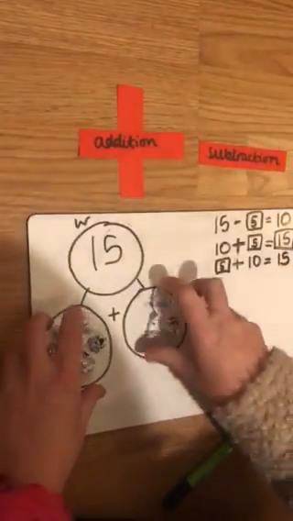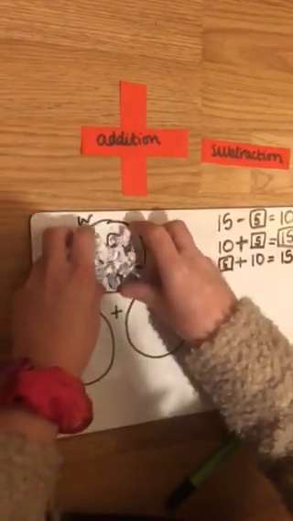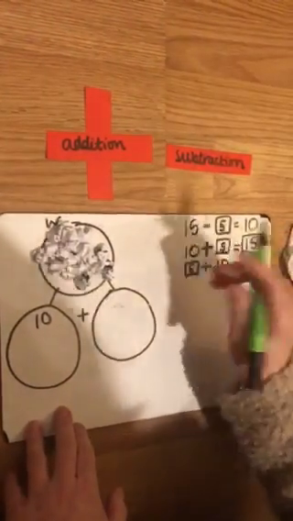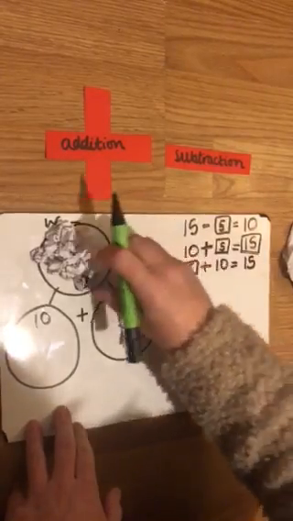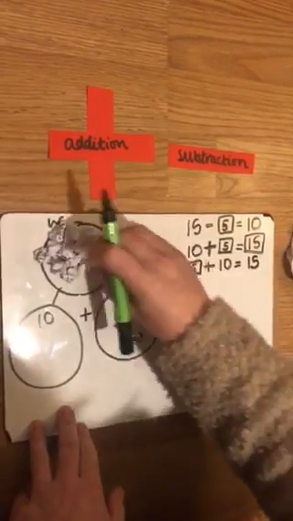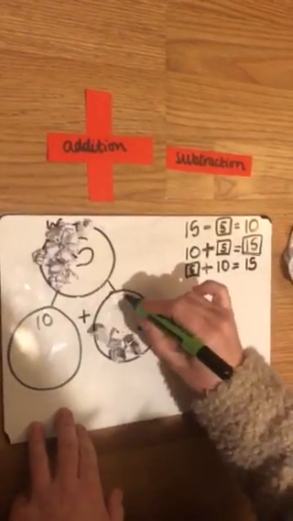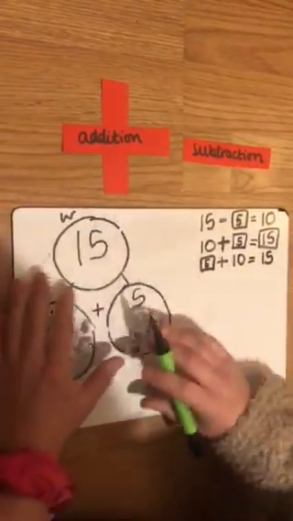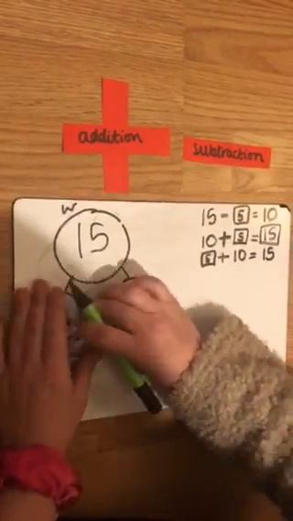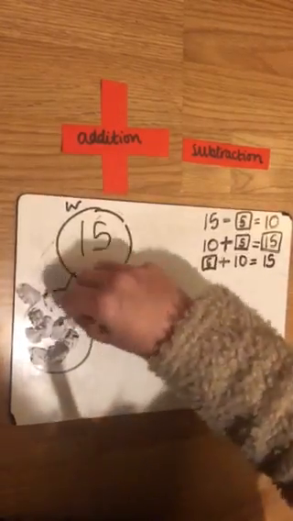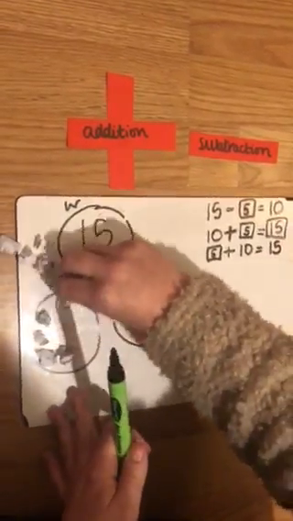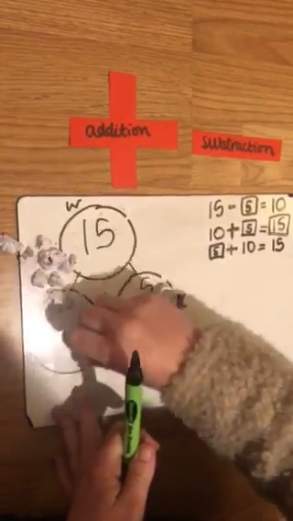So we're going to put our 15 up here and we are going to take away 5, 1, 2, 3, 4, 5, which should mean that our other part over here is going to be 10. Let's make sure that that is 10. 1, 2, 3, 4, 5, 6, 7, 8, 9, 10.